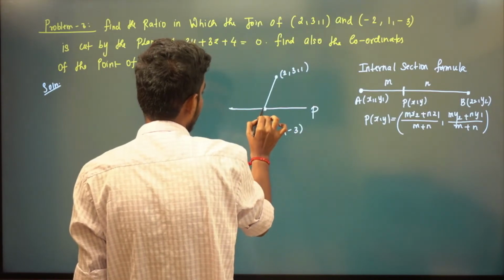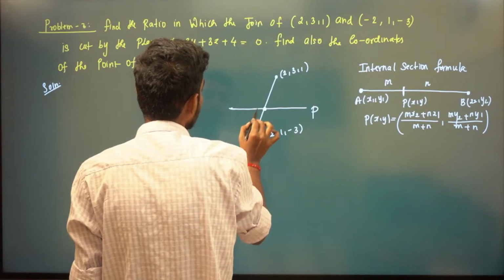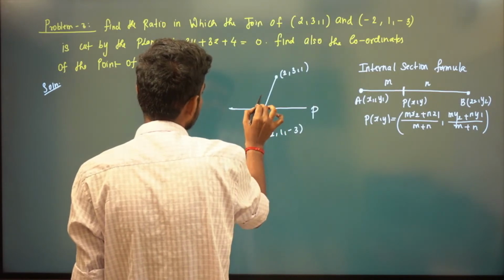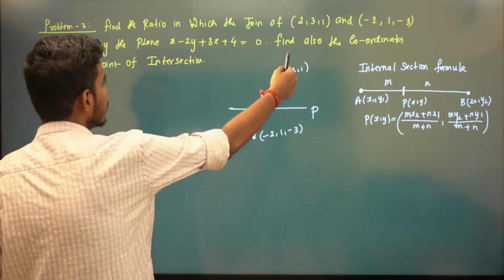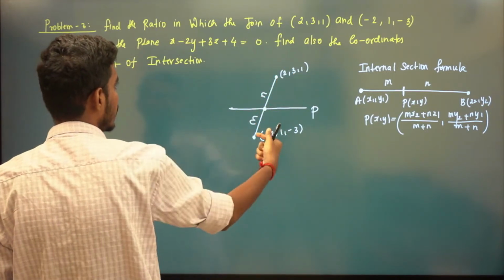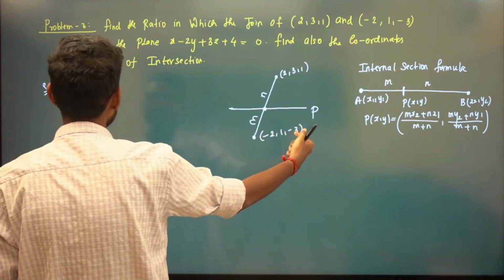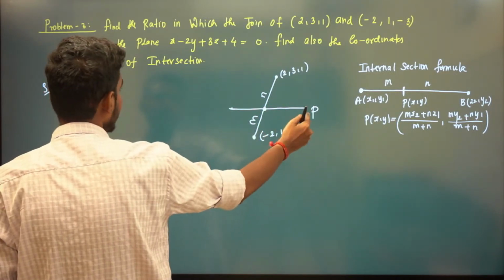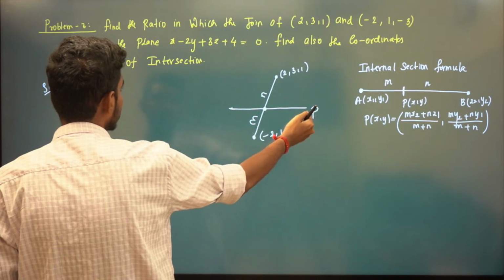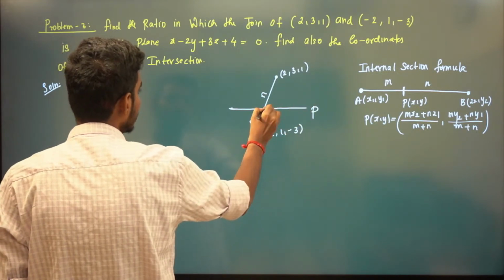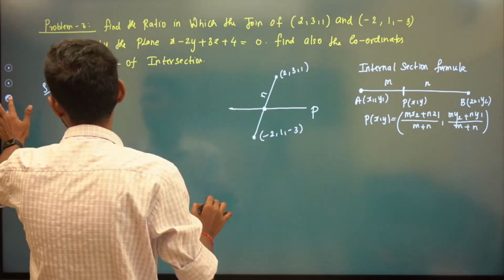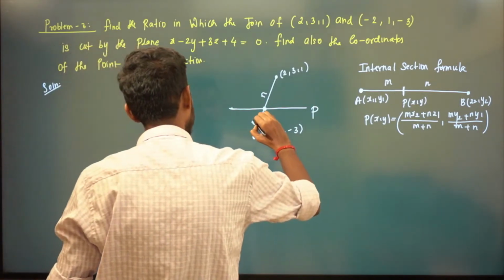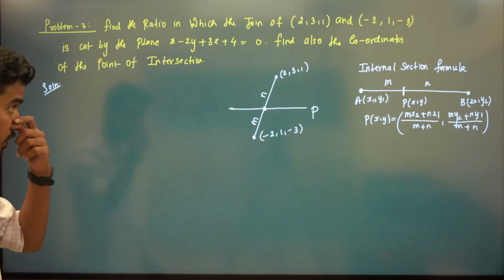Let us say this is the point of intersection. Now you need to find the ratio m is to n. Find the ratio in which the join of (2, 3, 1) and (-2, 1, -3) is cut by the plane x - 2y + z = 0, and also find the point of intersection. Very simple, right? You just have to find this ratio m is to n.